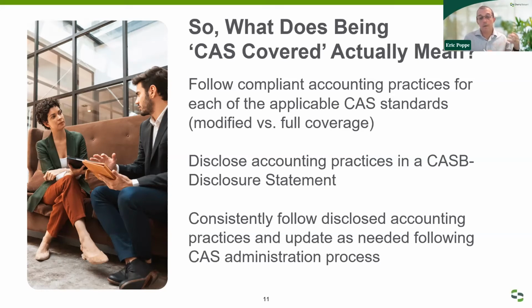So when you think you might trigger CAS, it's a good time to kick the tires on all those items I mentioned and evaluate: is this something I can live with, this practice of my indirect rates, or how I allocate certain costs, or how I charge certain costs as direct versus indirect?